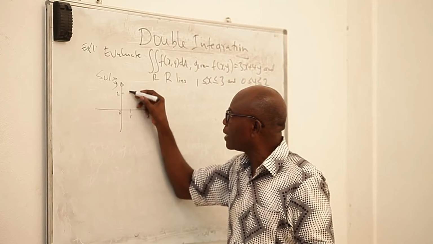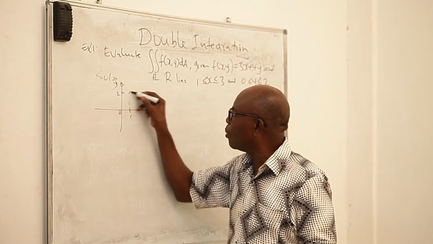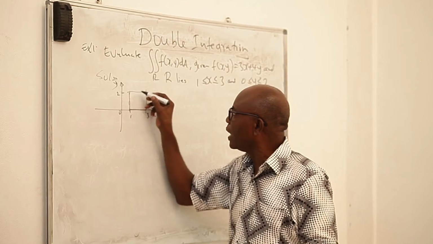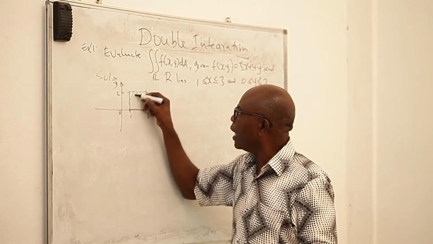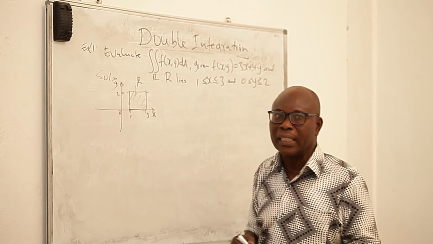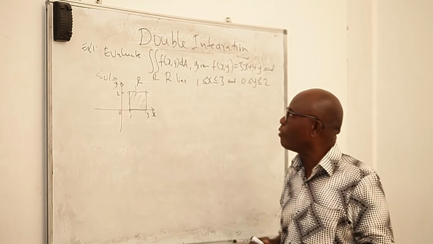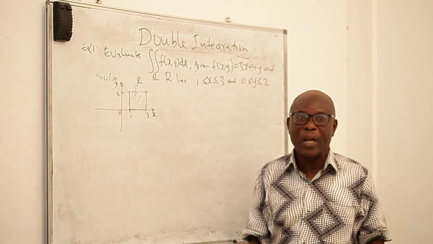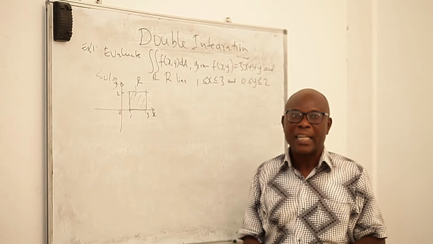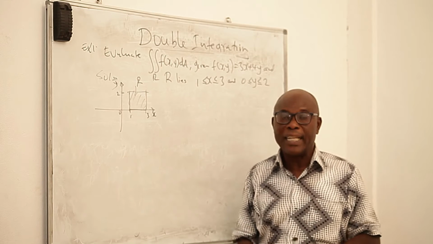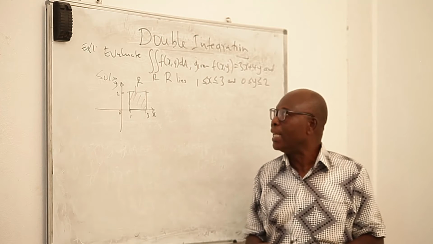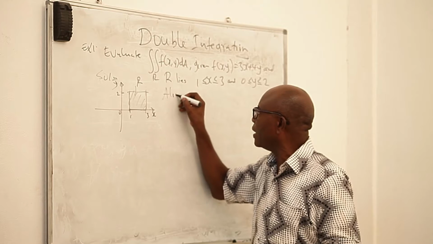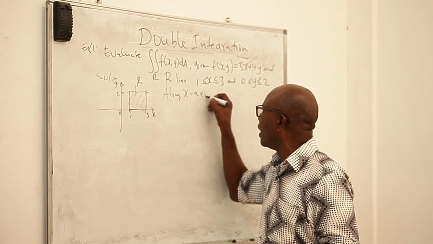So if you sketch this one, our region of integration is going to be like this, R. That's our region of integration. We have the choice to work along either the x-axis or the y-axis. Each of them will give us the same answer. So let's work along the x-axis.